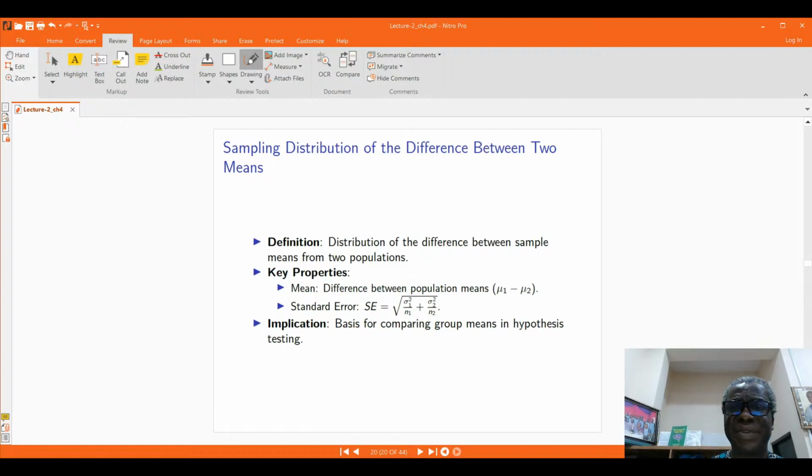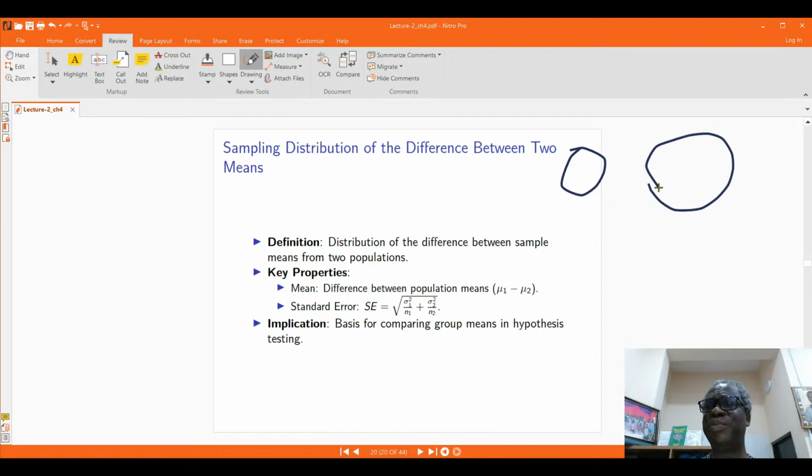So we can also talk about the sampling distribution of the difference between two means. Sometimes you have two populations. You can have population 1, you have population 2. So we are trying to look at the difference between two populations.